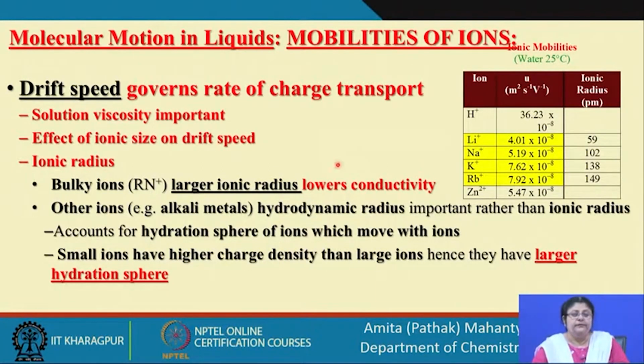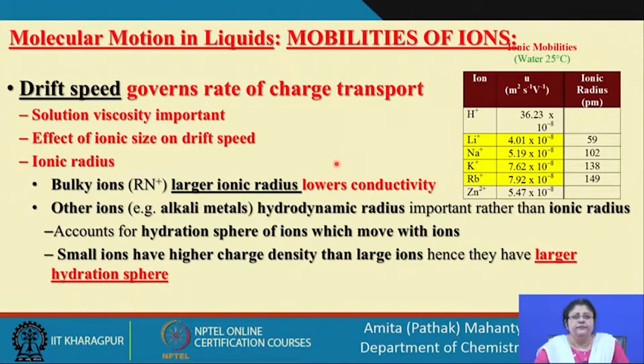So, if the drift speed changes, the ionic mobility is directly proportional to it. The drift speed is dependent on the viscosity of the solution eta, which is inversely proportional to the drift speed. It also depends on the size of the ion which we are dealing with, because A is the radius we are talking about.